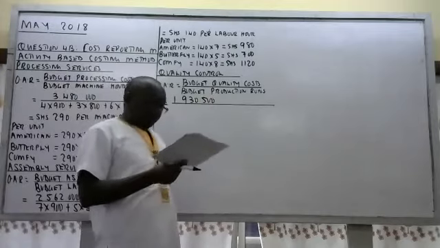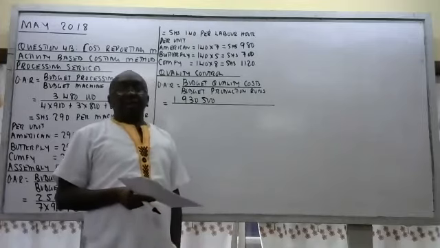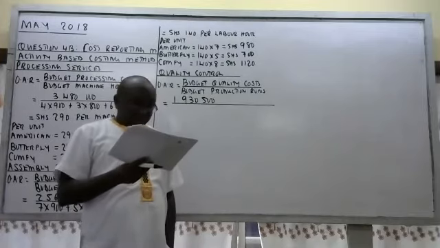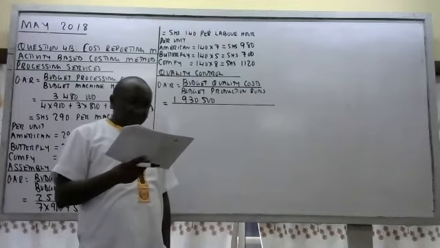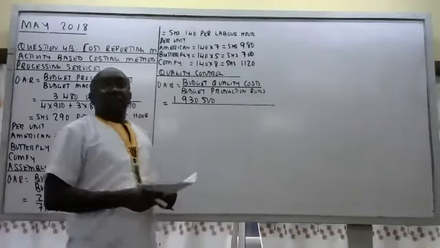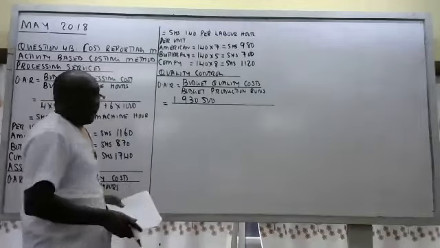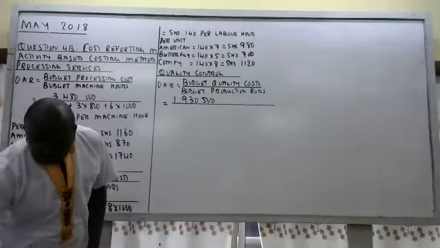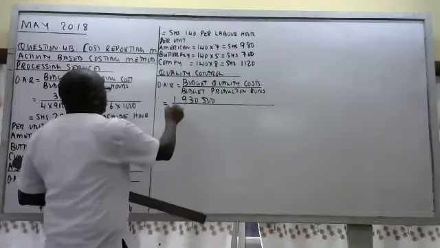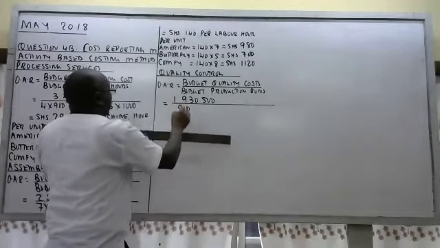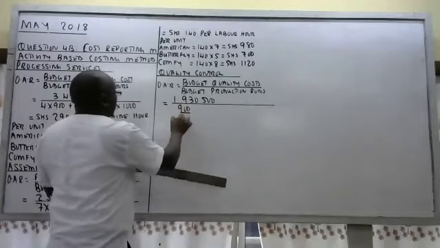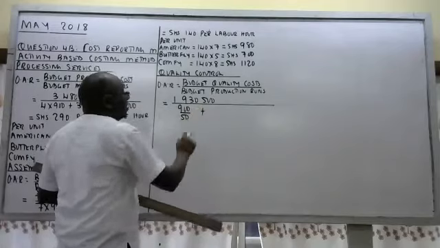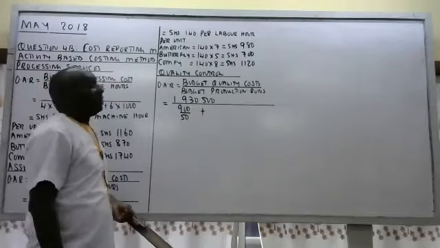So the production runs, you get them like this. You can see in information number 3, we are told production of each type of sofa set takes place in batches of 50 units. So for the American, it is 900, you divide by 50. That tells you how many runs that one will require.